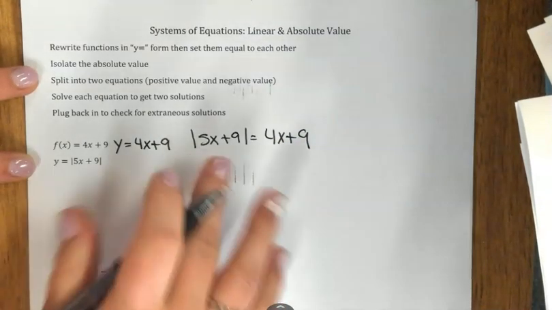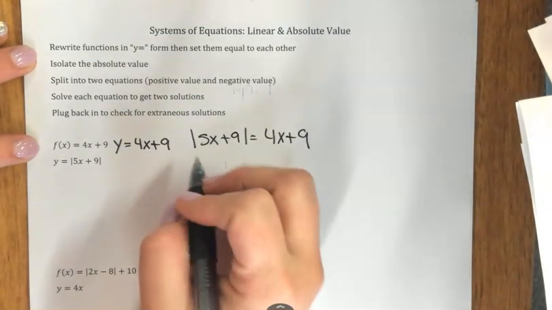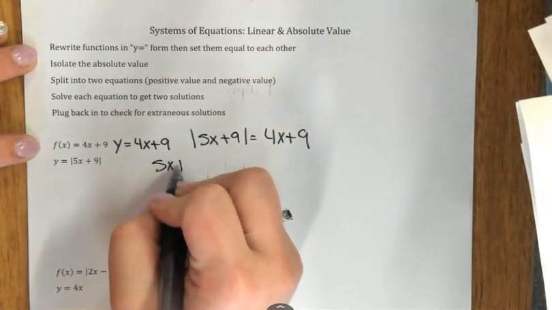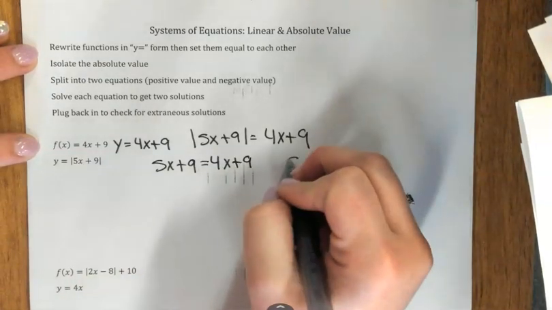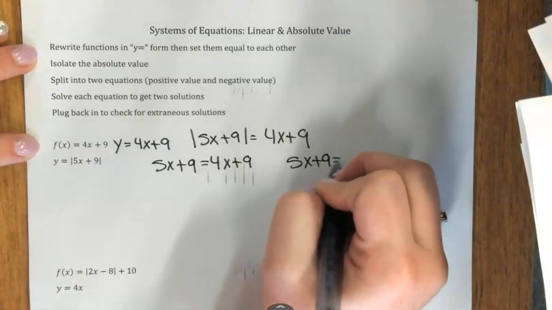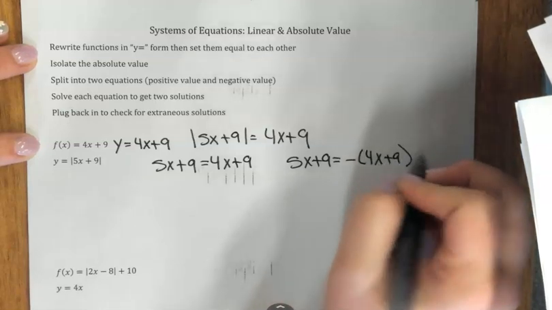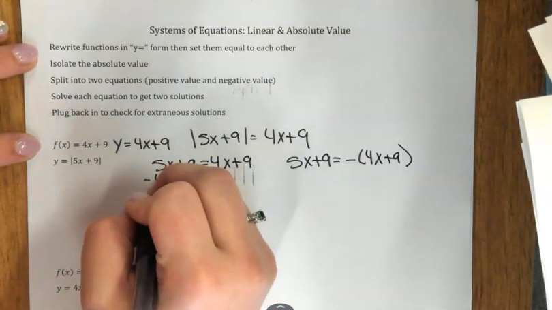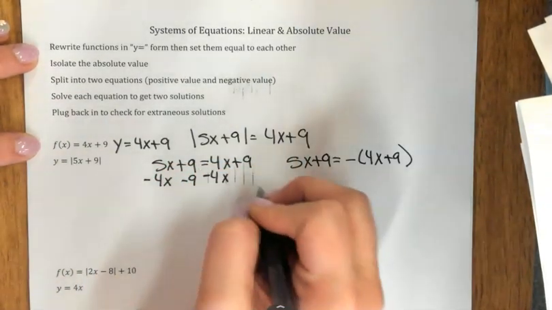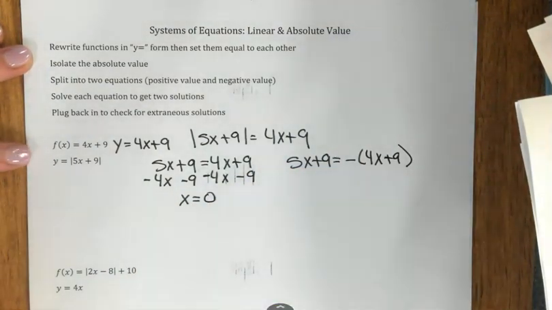My absolute value is by itself, so I can set up each of my algebraic equations to solve for. So 5x plus 9 equals 4x plus 9, and 5x plus 9 equals negative of 4x plus 9. So starting with this one, I'm going to move all my x's together, move all of my constants together, and I get that x equals 0.